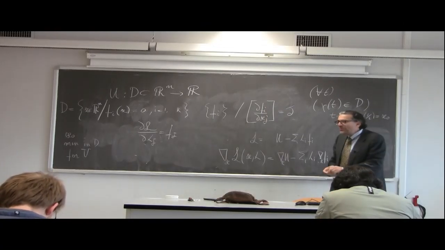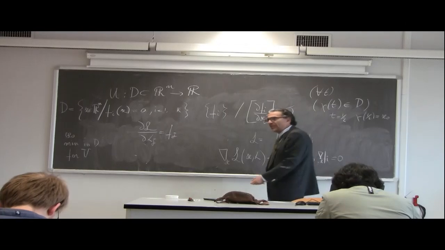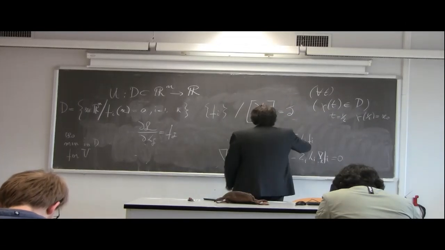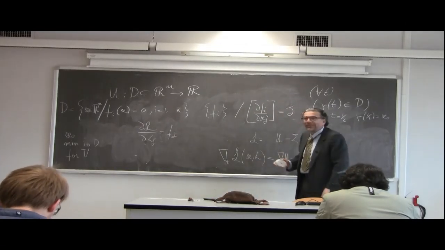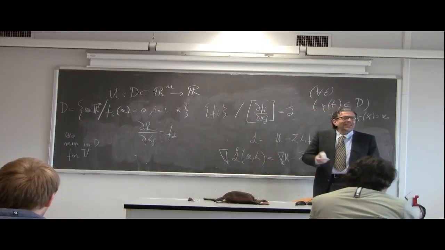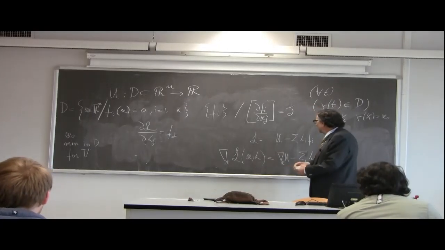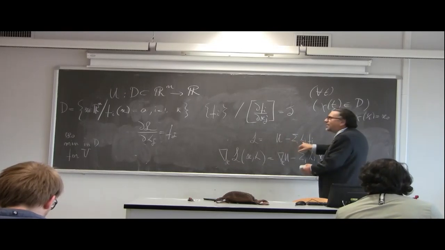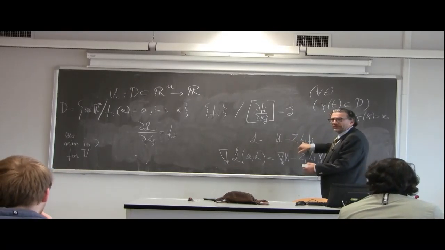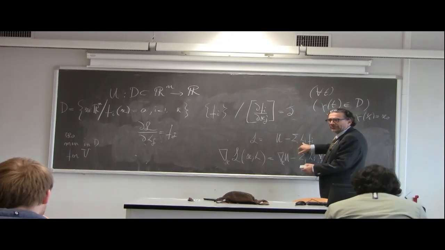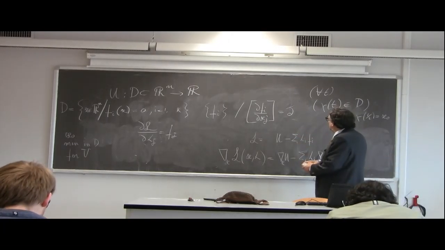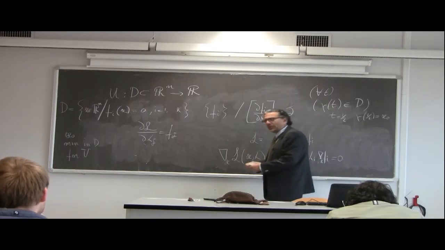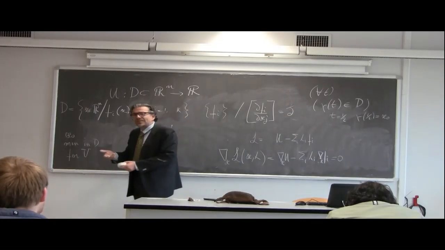So the trivial observation we can make now is the following. You understand that lambda is an unknown in this problem. Americans are very strange.